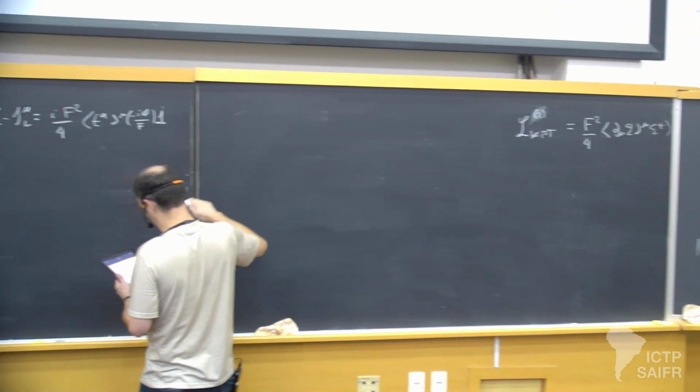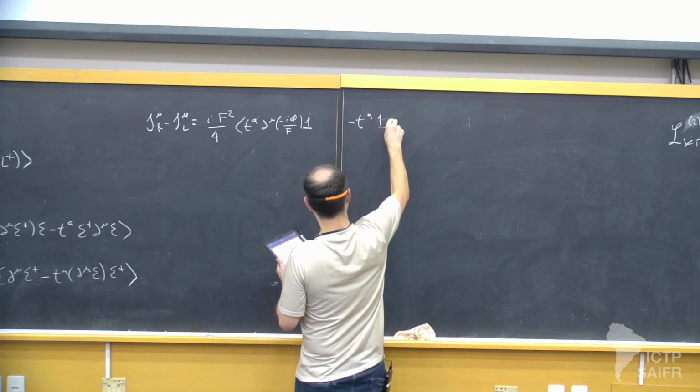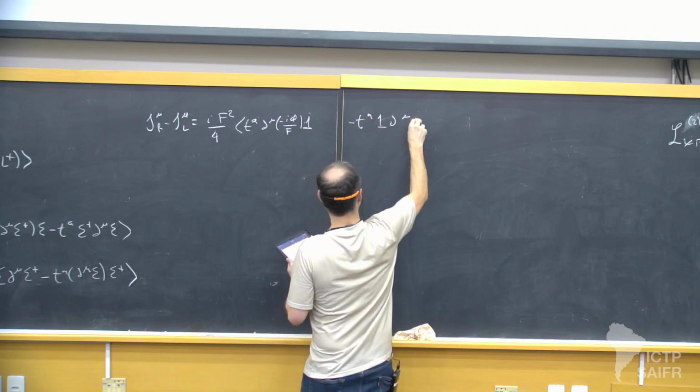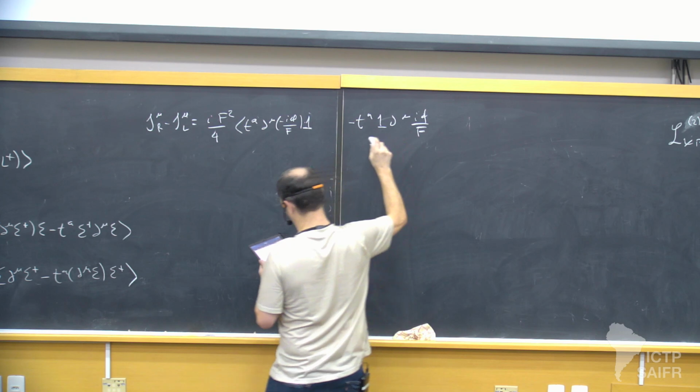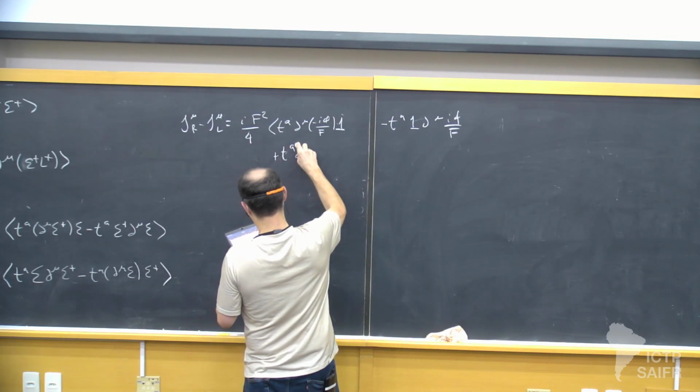And then we can get the 1, and then we have a d mu i phi over f from the second term. Then I get a plus. There's a 1.